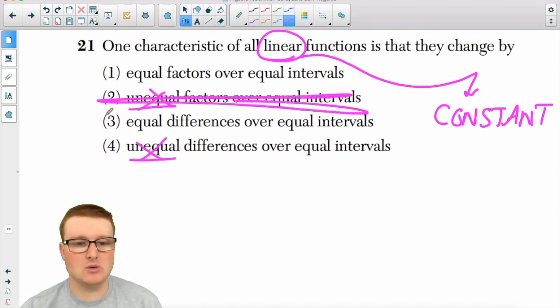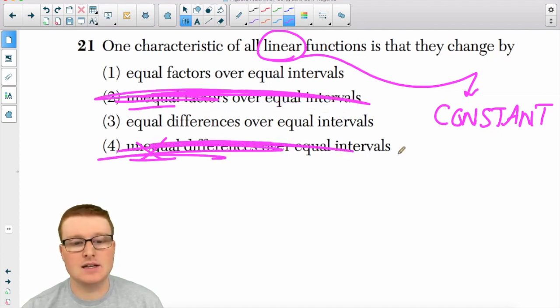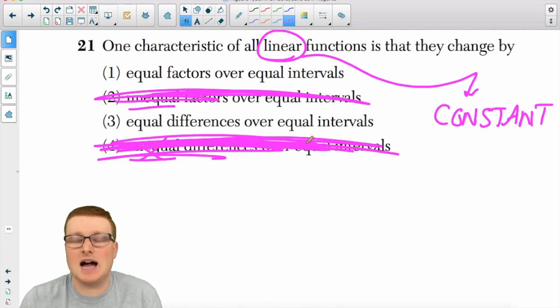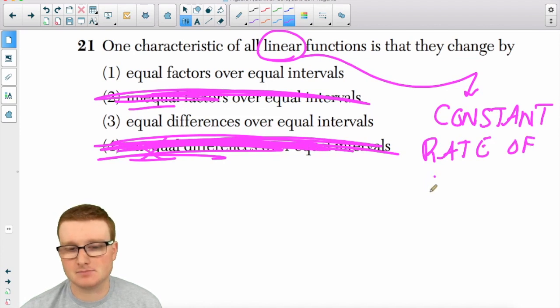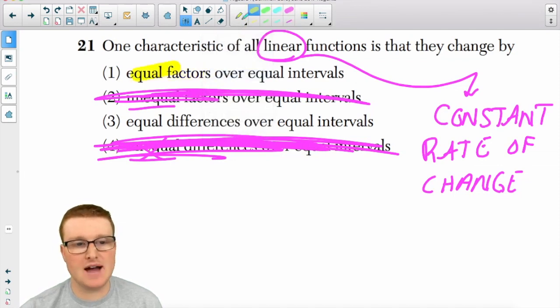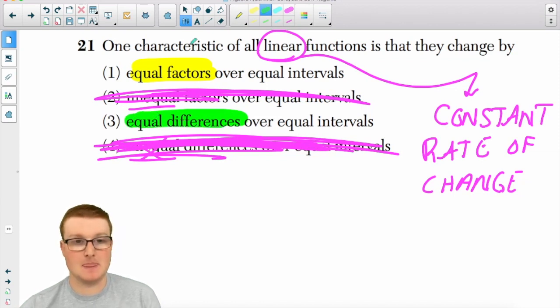They make absolutely no sense because a line does have equal intervals because it is a line. It has a constant rate of change. Okay? It all comes down to the first part of each answer choice. Is it equal factors or is it equal differences?